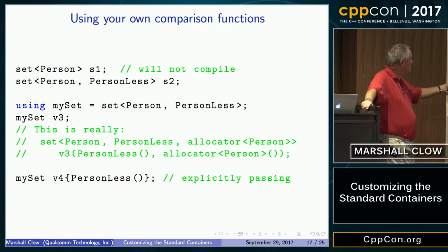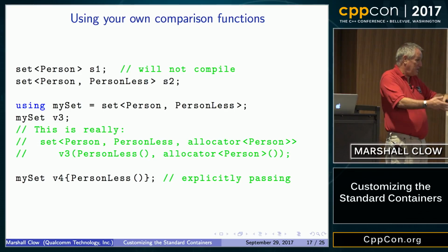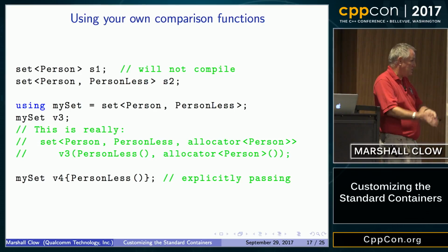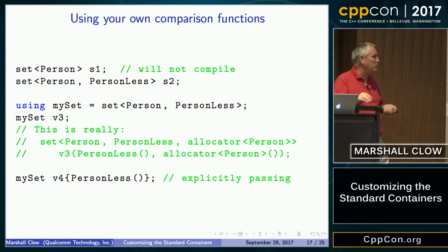Right. If you said new PersonLess here instead of PersonLess, you'd allocate something on the heap, and you would have a leak because nobody would free it. But more importantly, actually, you would get a compile error because the set doesn't know to say star thing paren. It would just say thing paren and say, I don't know how to paren a pointer.